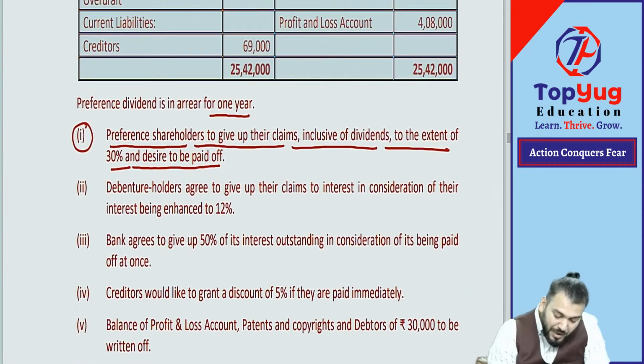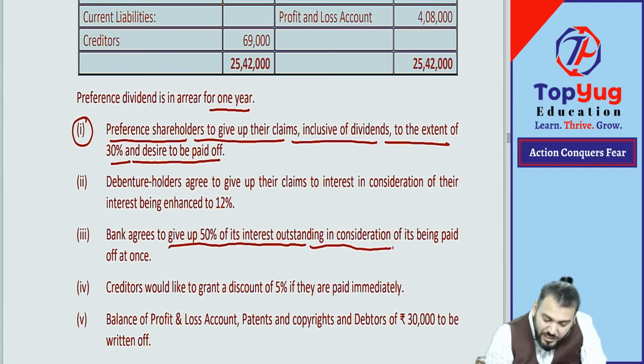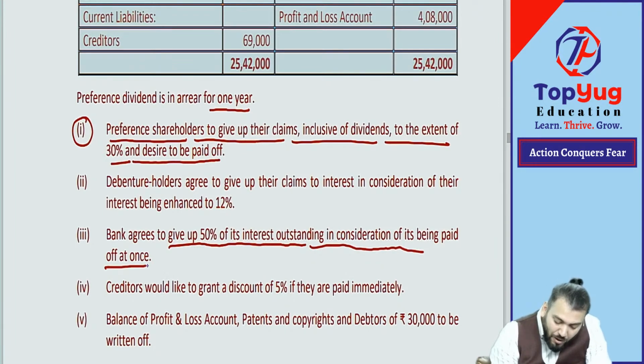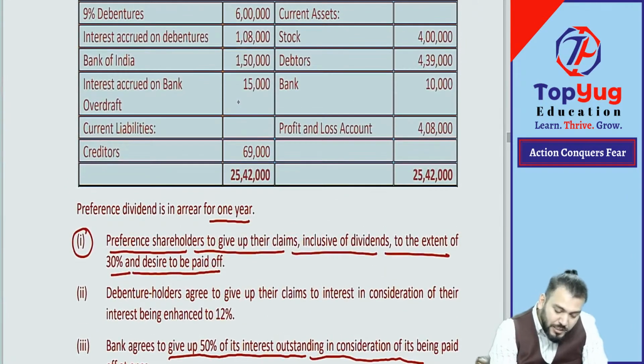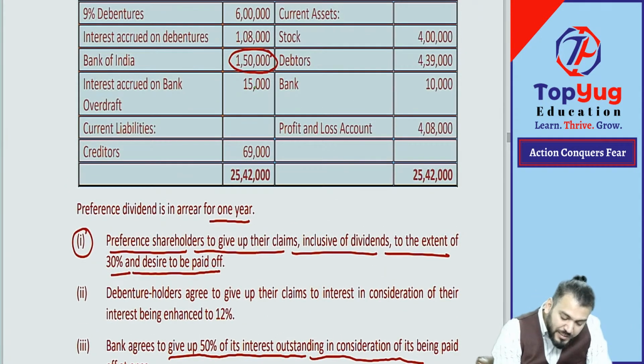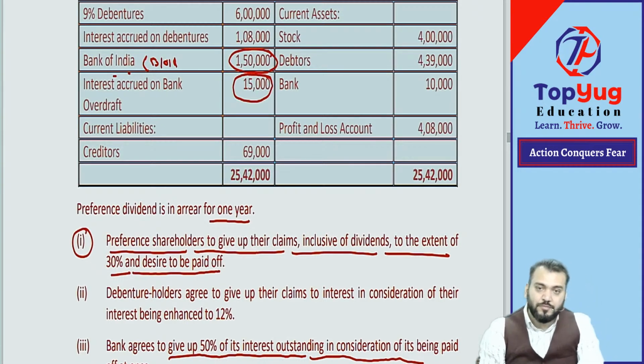Point number 3. Bank agrees to give up 50% of interest outstanding in consideration of its being paid off at once. Means if you see the balance sheet, there is Bank of India and there is interest accrued on bank overdraft. Of course Bank of India is bank overdraft only, and interest accrued on that is 15,000.